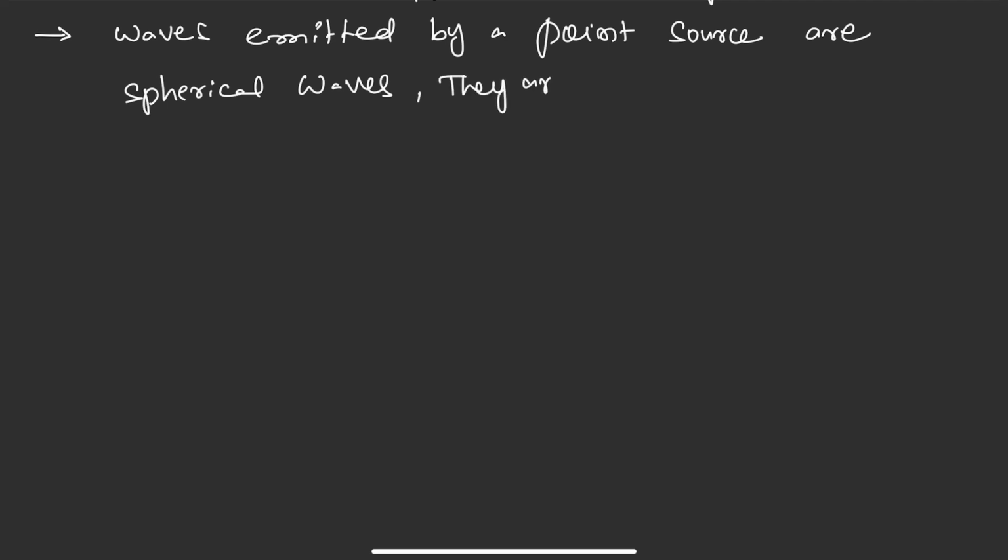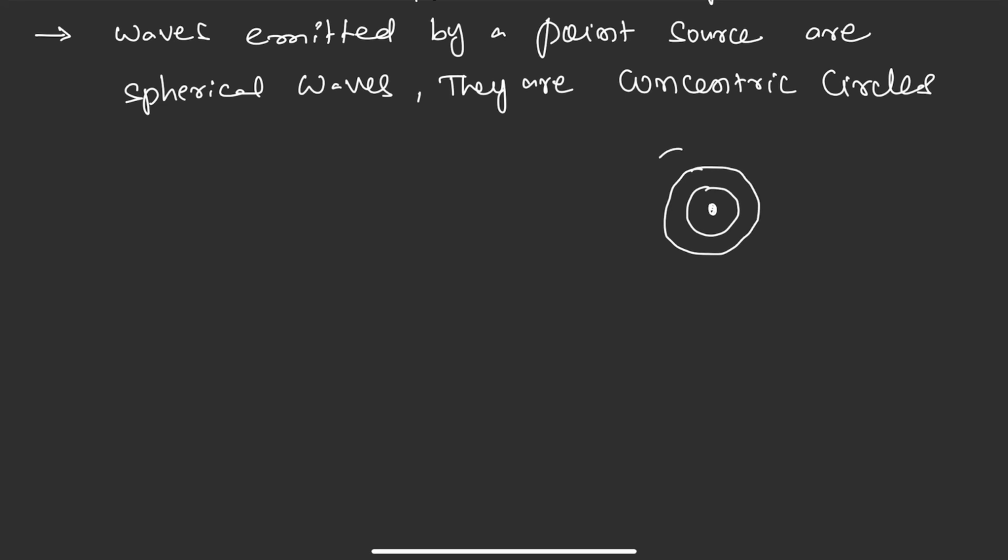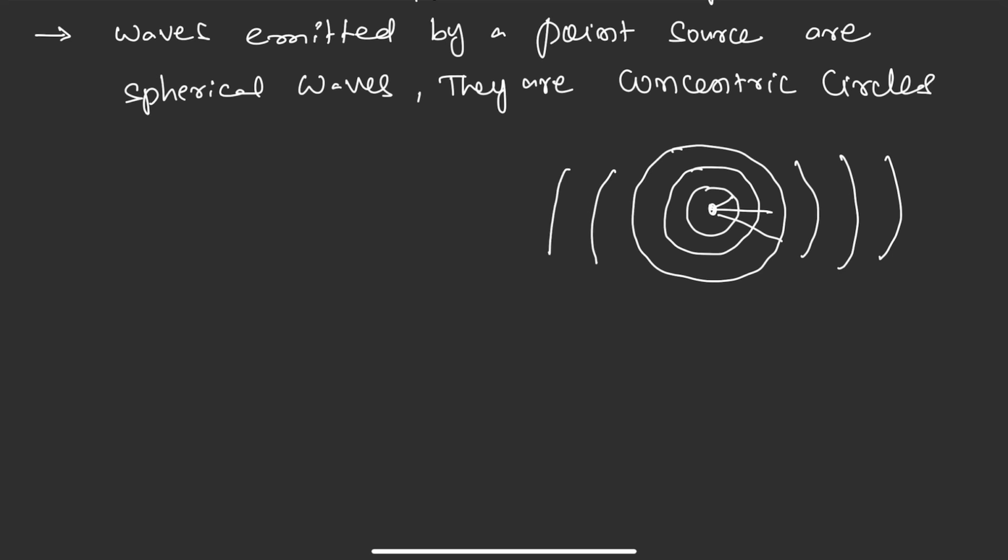They are concentric circles. For example, this is the point source. The waves all have the same center with different radii, and they propagate in all the directions like this.